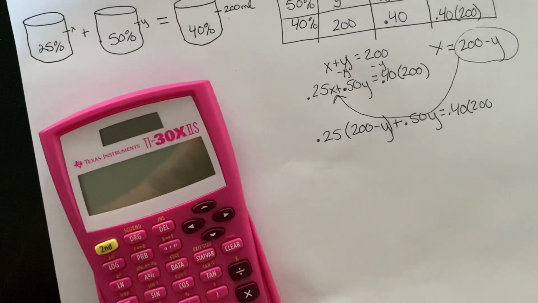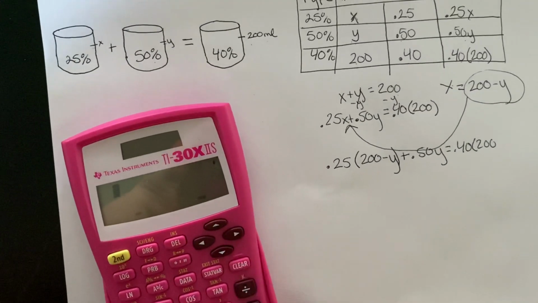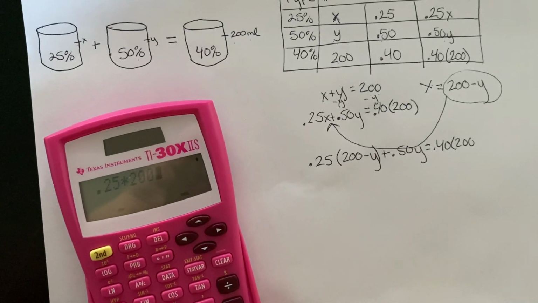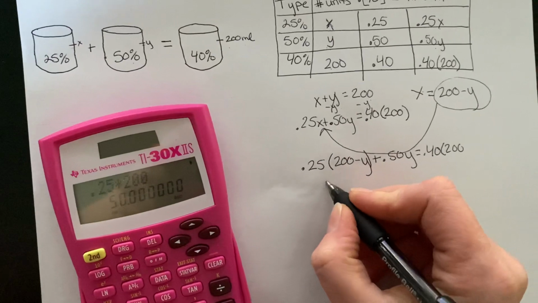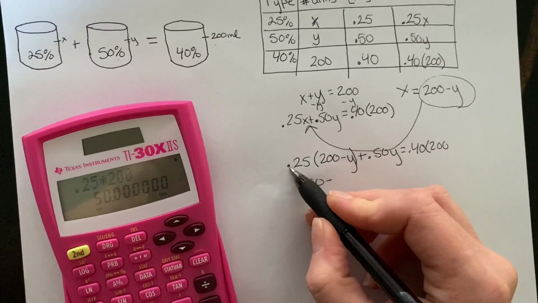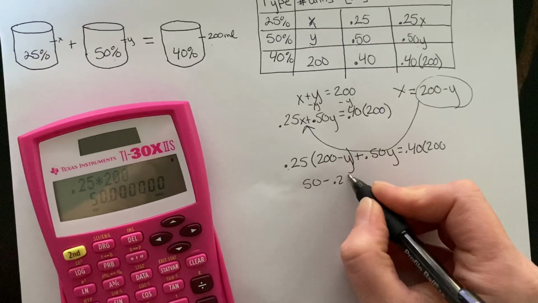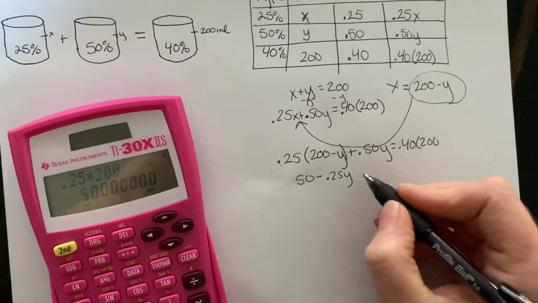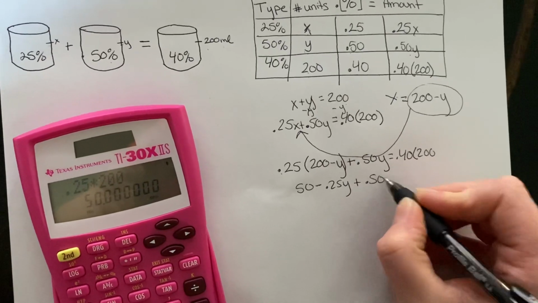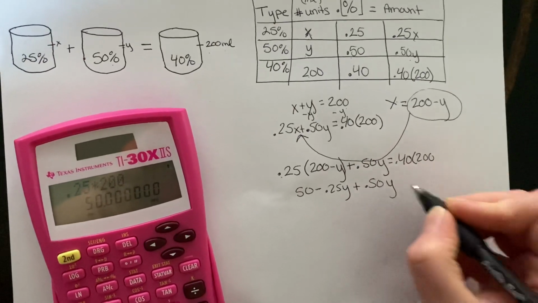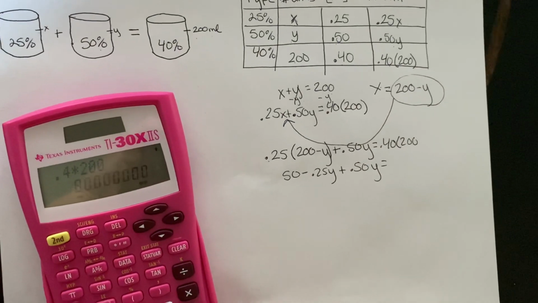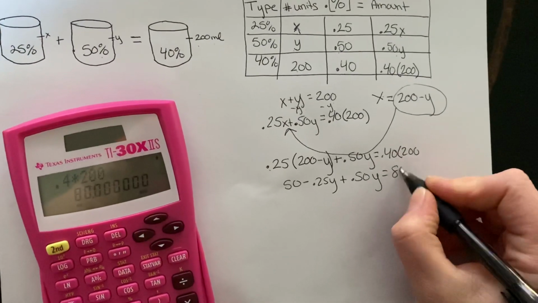So we get out our calculator and we do 0.25 times 200, and that equals 50, minus 0.25 times Y, which is 0.25Y, plus 0.50Y equals 0.4 times 200, which is 80.